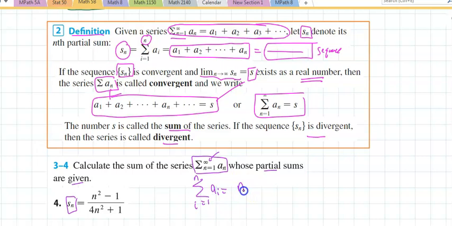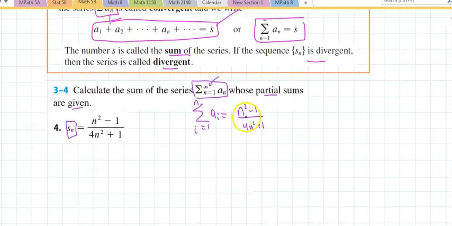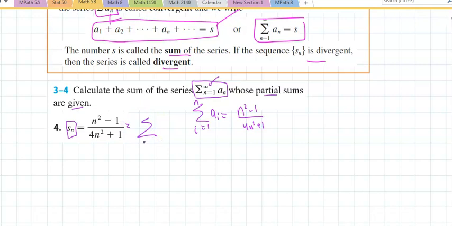They got that to be n squared minus 1 over 4n squared plus 1. It turns out that's the most work. That's what they got. So somebody figured out the sum from 1 to n of this a sub n equal to this. If you were able to do that, then that's going to be the most work for us.